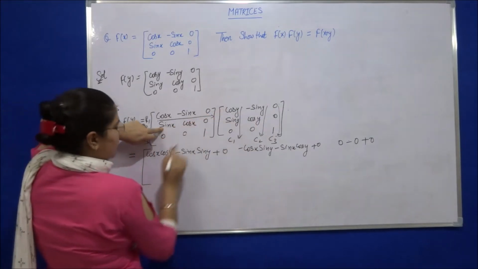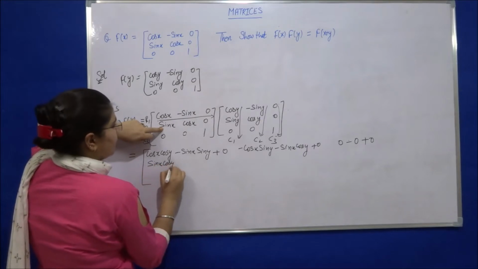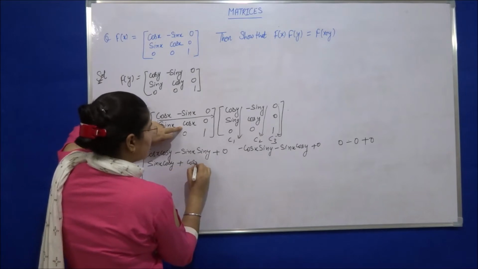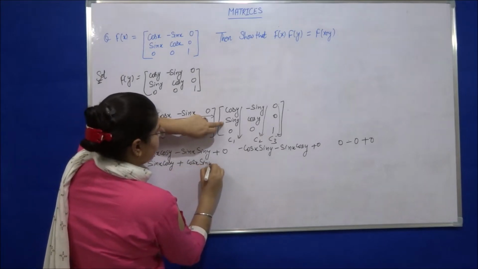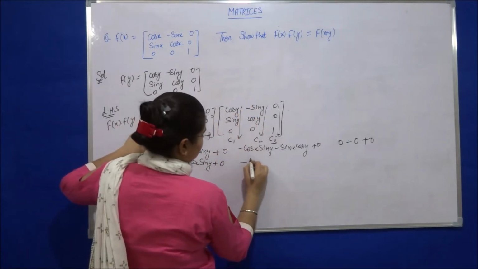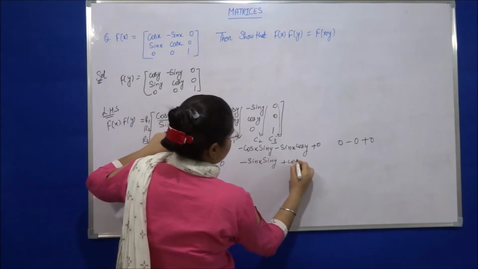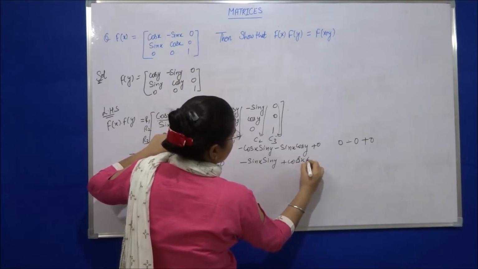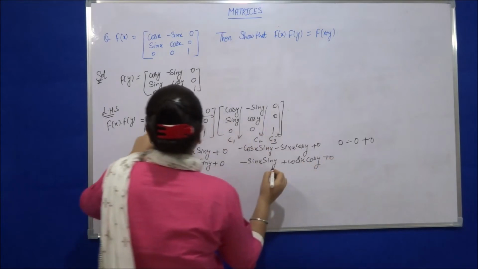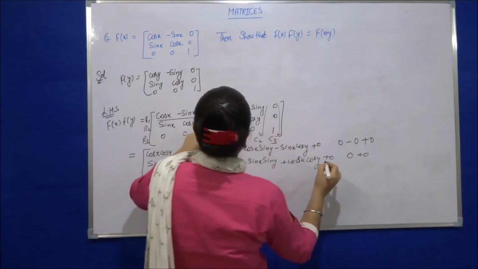So sin x multiplied by cos y, sin x cos y plus cos x sin y plus 0. Now sin x sin y plus cos x cos y plus 0, and 0.